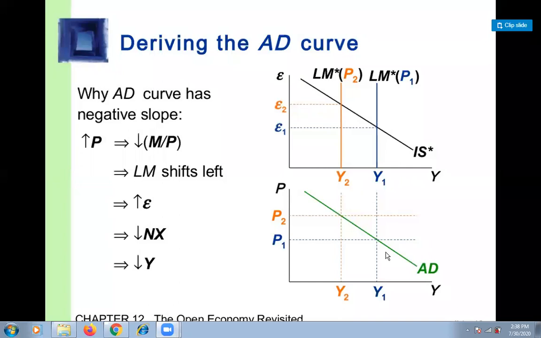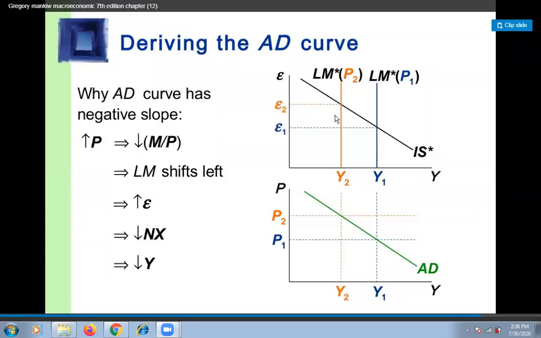So this is the derivation of the aggregate demand curve. Again, please listen. As the price level increases, real money supply decreases, and the LM curve shifts left, LM with P2, where the price level increases.